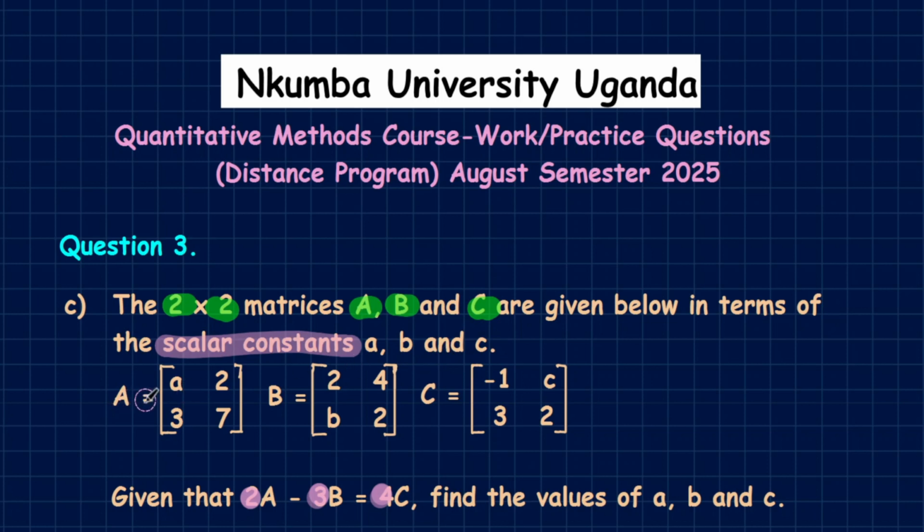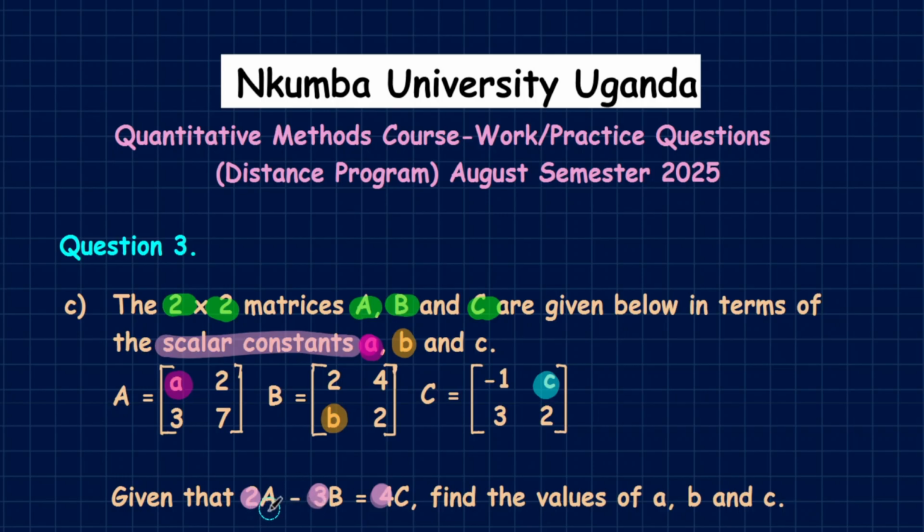We can trace the small a in matrix A, the small b in matrix B, and c in matrix C. We are given the expression 2A minus 3B equals 4C, and the question wants us to find the values of a, b, and c.